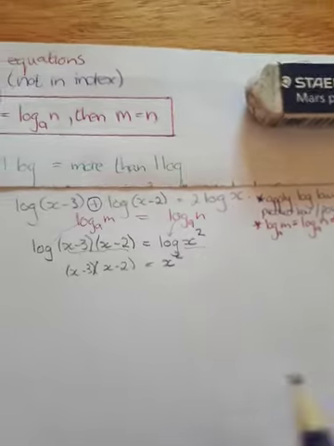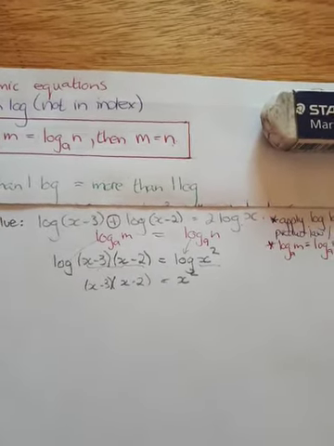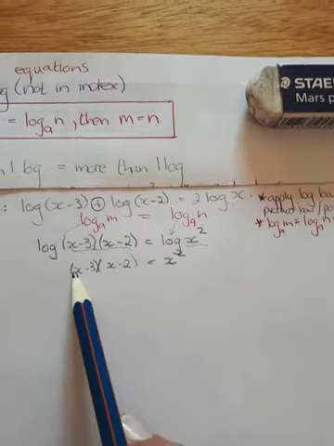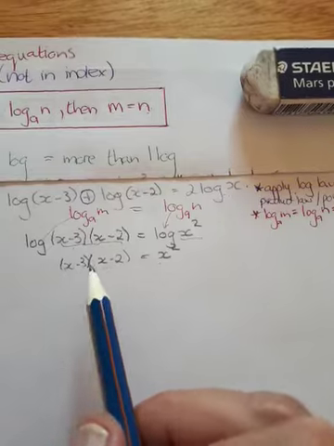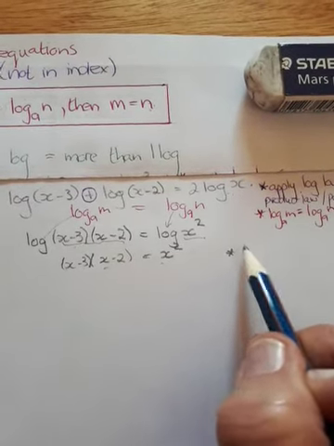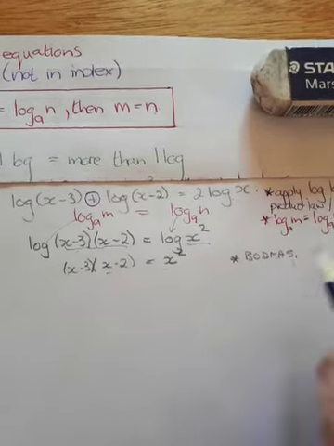We got rid of the logs, and if you look at what we have now, we actually have a simple algebraic equation. Now, BODMAS always counts, so you must first do the bracket.